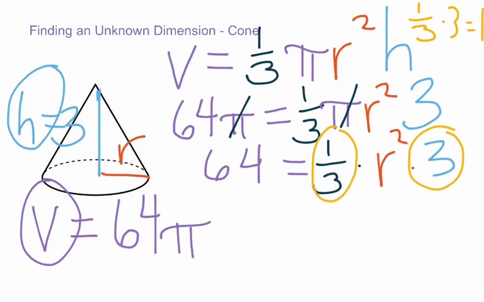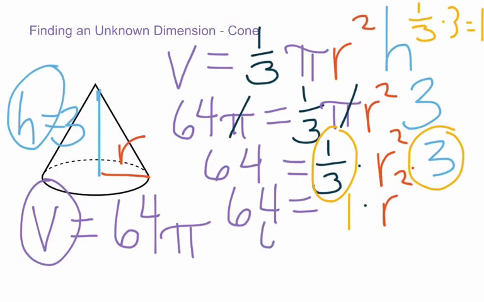So that essentially disappears, or in other words turns into a 1, so I could just write it as a 1 times r squared. So this is essentially saying whatever my r is, by squaring it, I get a result of 64.